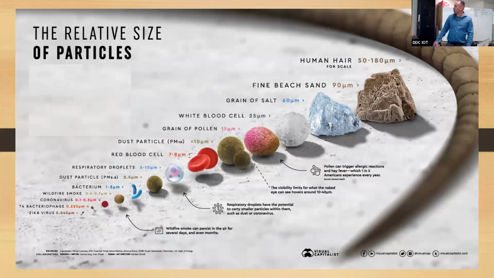Just want to give a little example of sizes of particulates that are out there. Here's a hair right here at 50 to 180 micrometers. The product that I put together is monitoring air quality particulates by a method that goes by the Mie theory. It's laser scatter, which is how it measures how the light scatters off of a particulate.